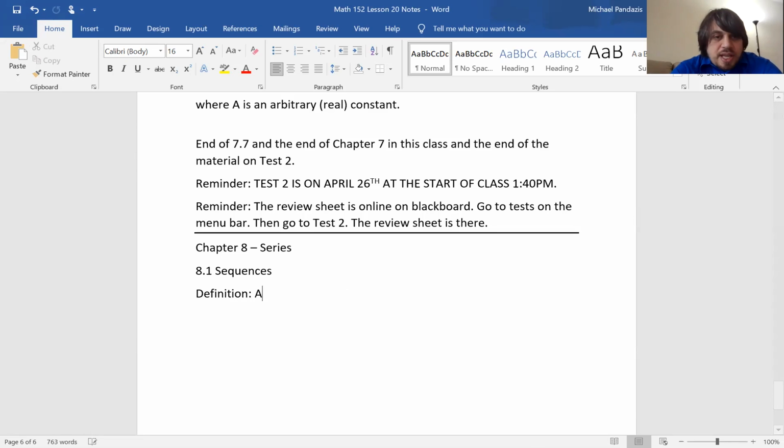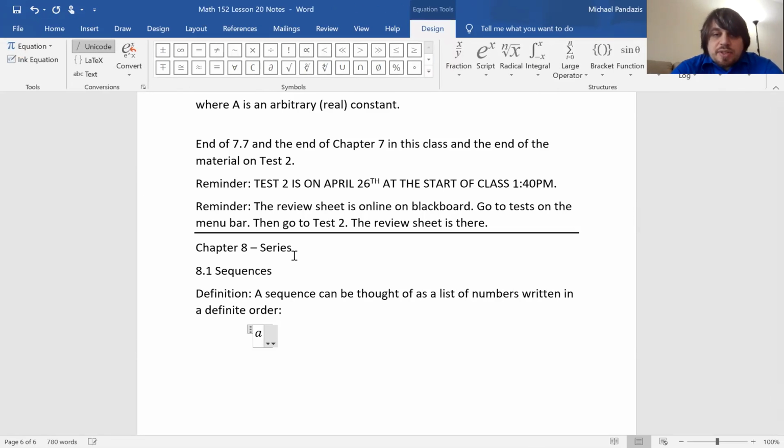Okay, so definition. A sequence can be thought of as a list of numbers written in a definite order. For instance, this is one example of a sequence using notation.